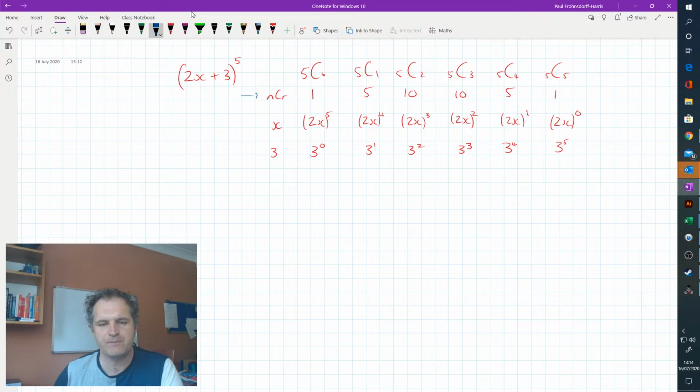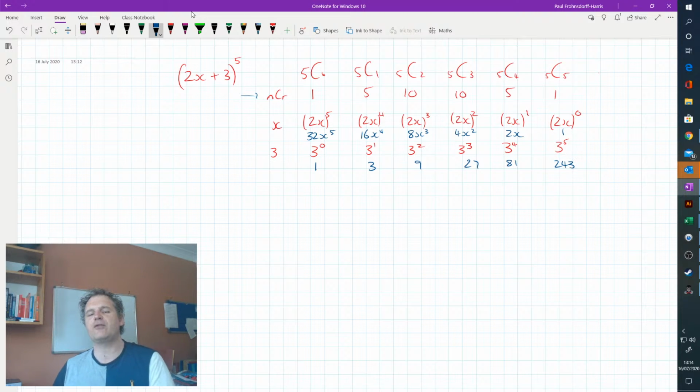This gives us 2 to the power 5 is 32x to the power 5, 16x to the power 4, 8x cubed, 4x squared, 2x and 1. And this is going to give me 1, 3, 9, 27, 81 and 243.